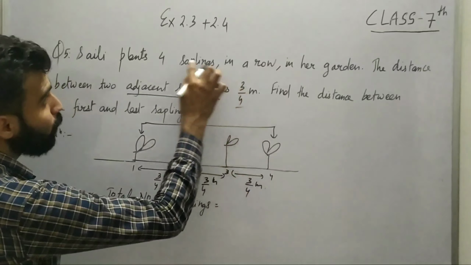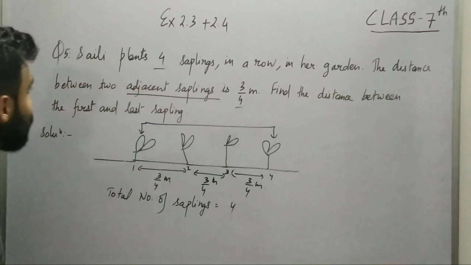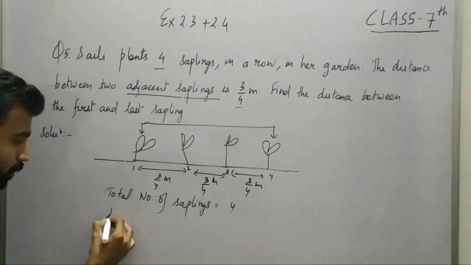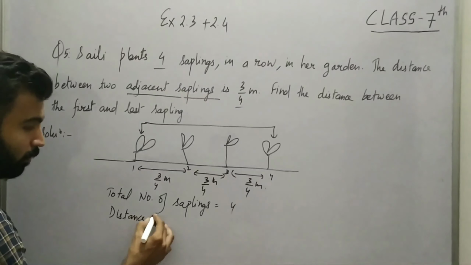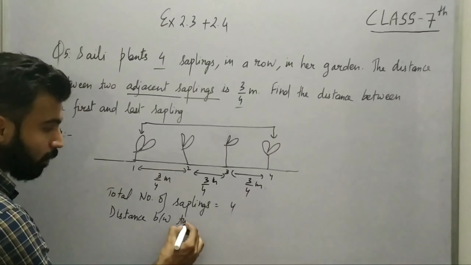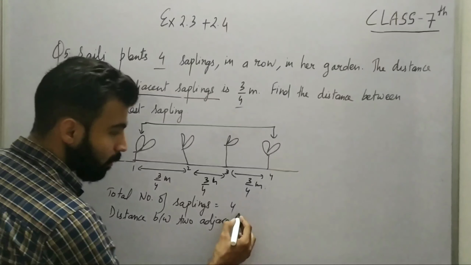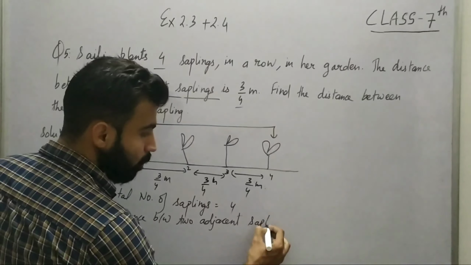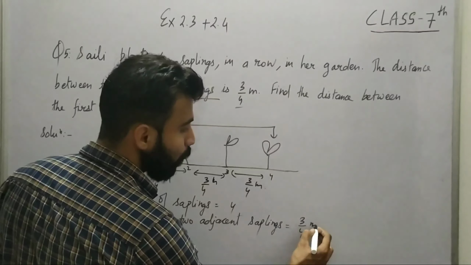You all know it is given to us as 4, right? So the distance between two adjacent saplings. So let me just write that कि दो साथ साथ वाले में. So distance between two adjacent saplings is simply 3/4 meter, right?